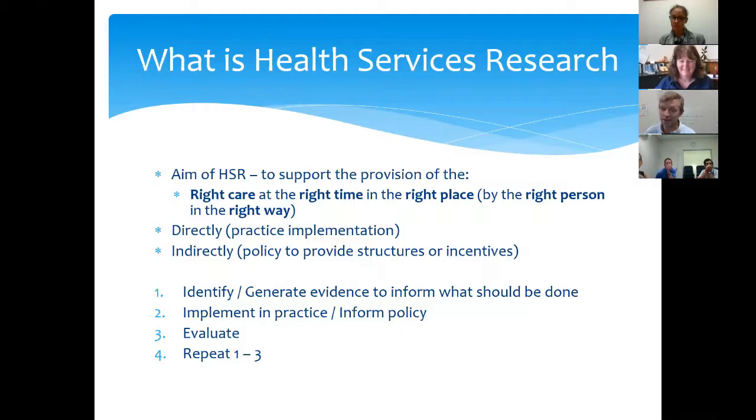In practice, obviously, it's not quite so simple, but you start by identifying or generating evidence to inform what should be done, and then if the evidence is sufficient to support implementation or to inform policy, you implement the changes in practice or the policy associated with that evidence, evaluate the impact, and then repeat. So it sounds pretty straightforward, but in practice, obviously, it can be quite difficult.